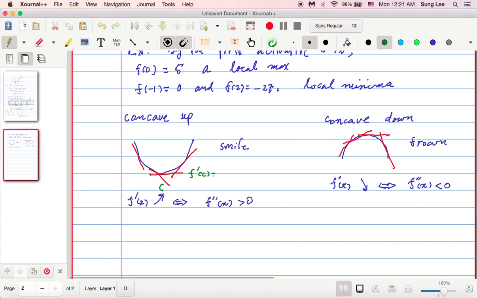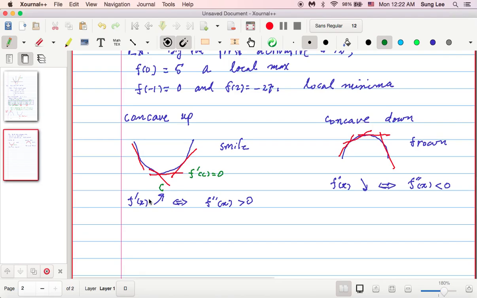As you can see in this case, the graph changes from decreasing to increasing at x equals c. So f of c is going to be a local minimum. But can the sign of f double prime tell us that? I just applied the first derivative test, but without using the first derivative test, can the sign of f double prime of c tell us that?